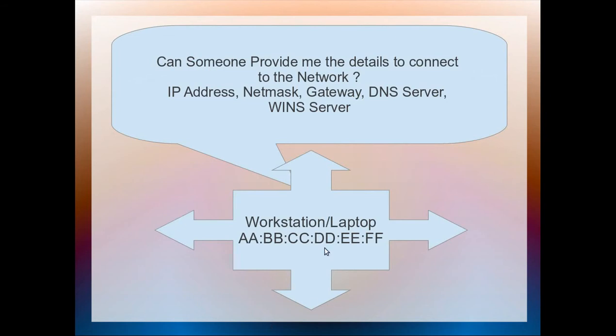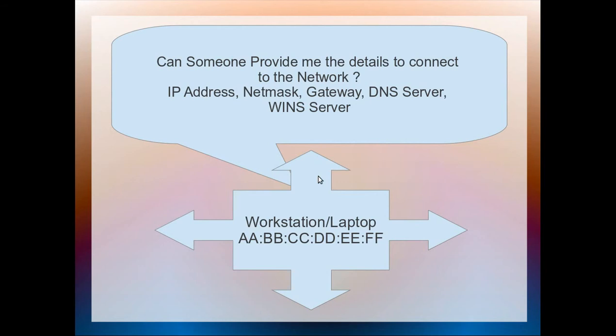So what actually happens is, here is your laptop in a cyber cafe. As soon as you switch it on, it has some MAC address associated with it, and in case it has been configured to use a DHCP IP address, it will broadcast a DHCP request to all the nodes in that network or LAN.